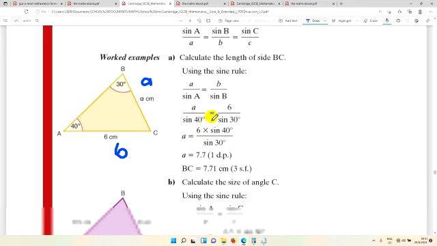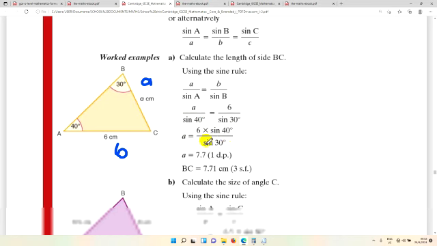We just cross multiply here. Not cross multiply as such, but to be left with a, we multiply both sides by sine 40, and the sine 40 and sine 40 cancel. We remain with a, which equals 6 times sine 40 over sine 30.